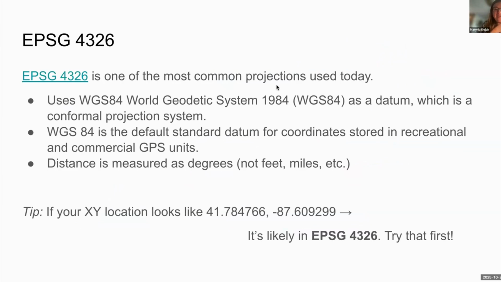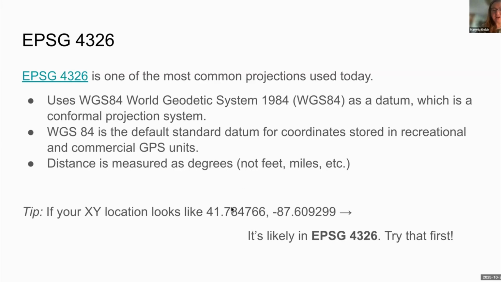That being said, a lot of times when you're working with point data with latitude and longitude information, you're probably working with EPSG 4326. And long story short, the most important note when you're working with this projection is knowing that it is not a projection to use if you want to calculate distance.